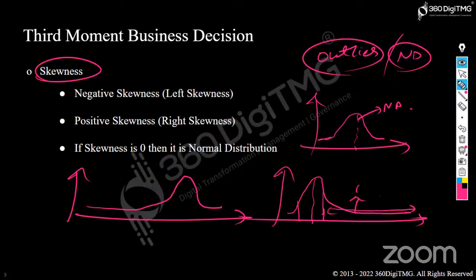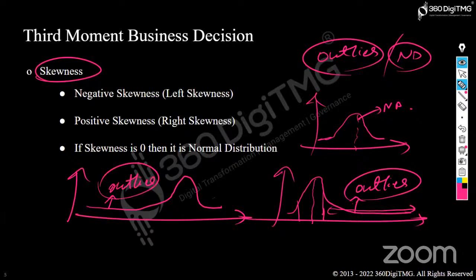So we call these outliers. This graph we call skewness: negative skewness and positive skewness. This graph is referred to as negative skewness, and this graph is called positive skewness.